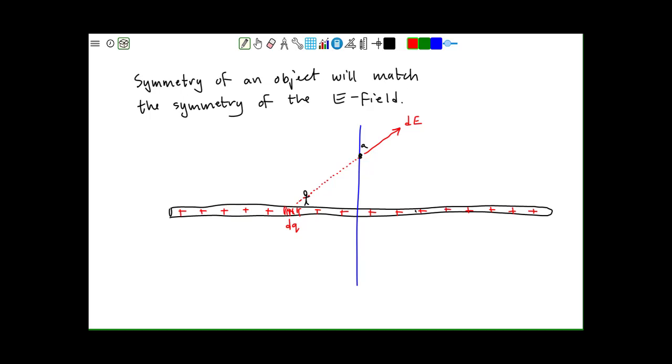What this means is this cylinder has symmetry about this middle axis. And so that charge element on the left has a corresponding charge element on the right that also contributes to the electric field.